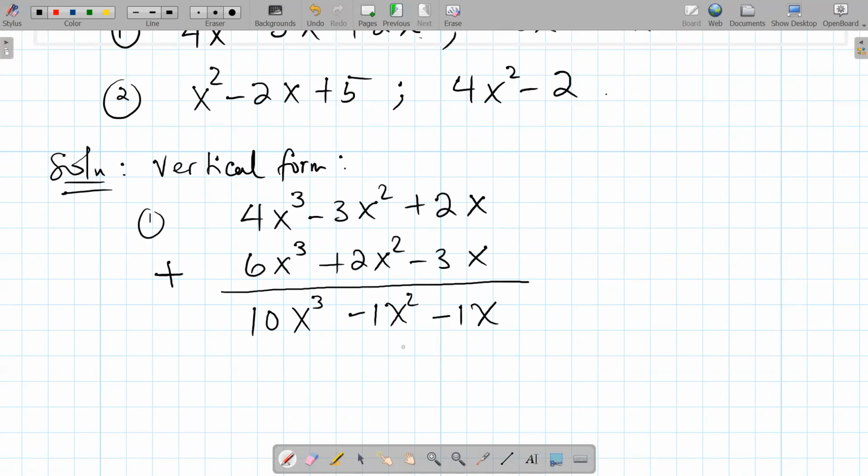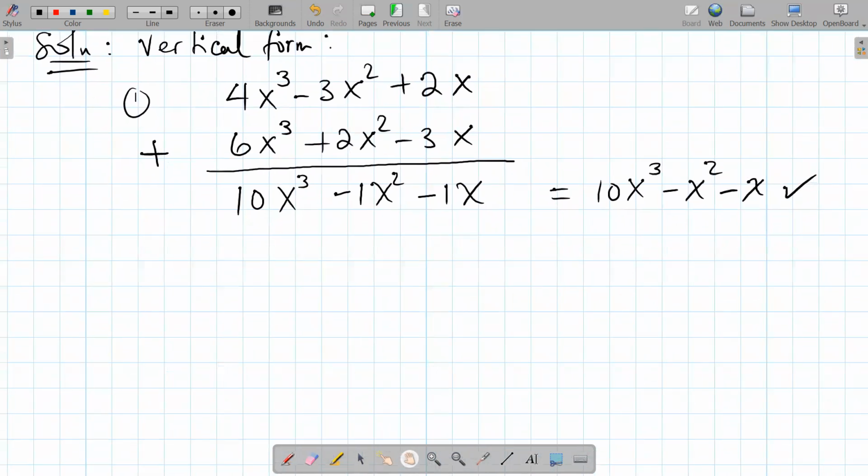Which, if you rewrite, is the same as you have 10x cubed minus x squared plus 5x. It's the same thing. You have your answer. So this is how you do it in a vertical form. You can equally do it in horizontal form if you want to. So in the horizontal, it's going to be like this.